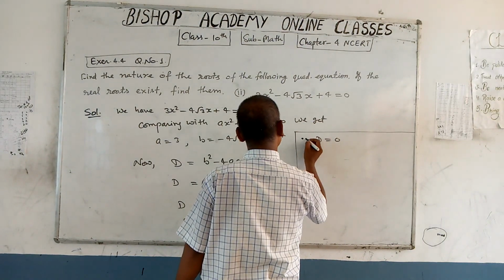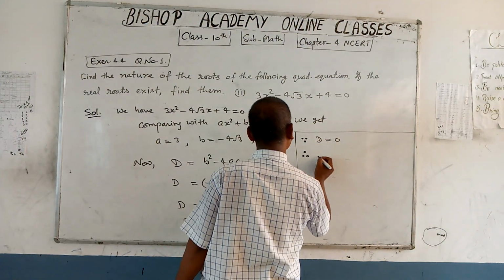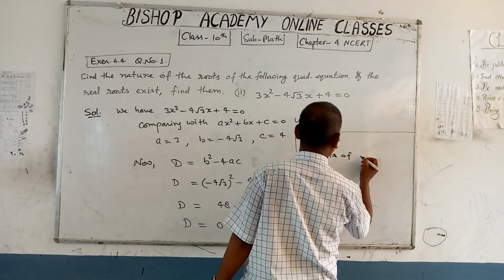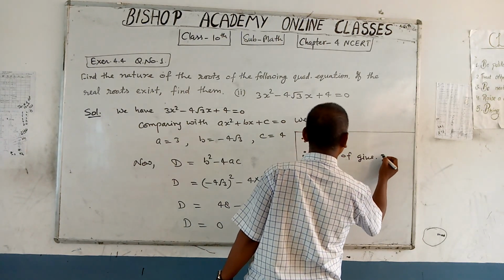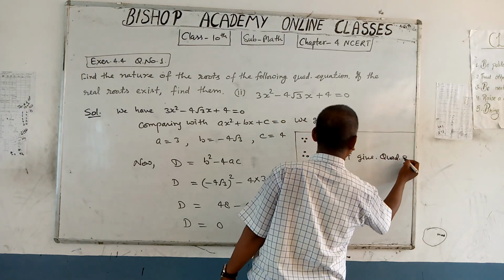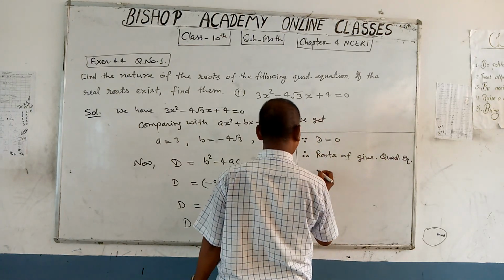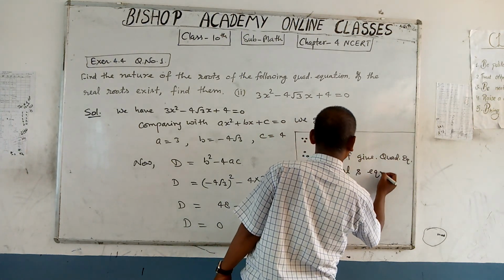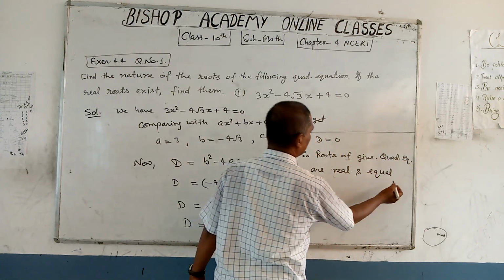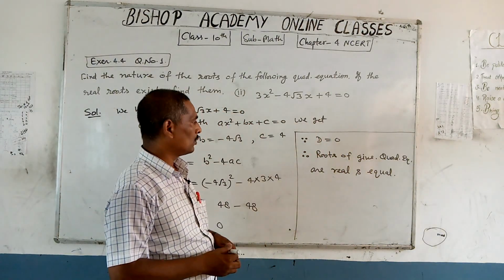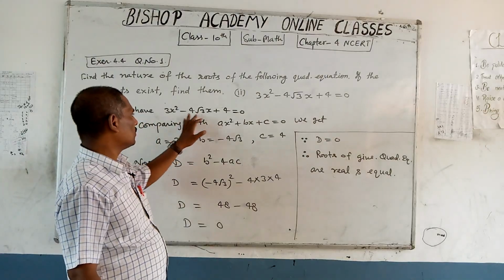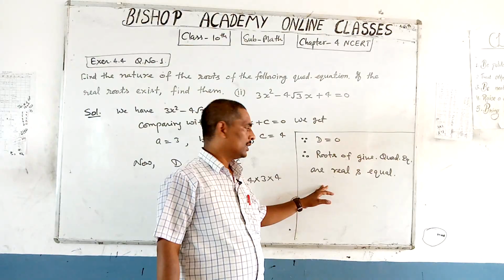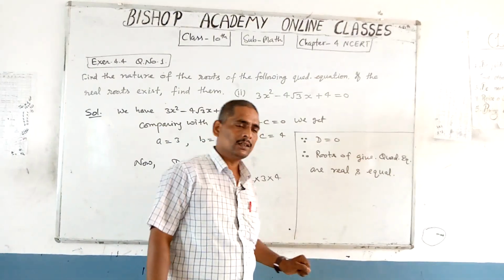So since D is equal to 0, hence the roots of the given quadratic equation are real and equal. So this is the nature of the roots of the given quadratic equation. So you saw that roots exist here in the form of real and equal condition.